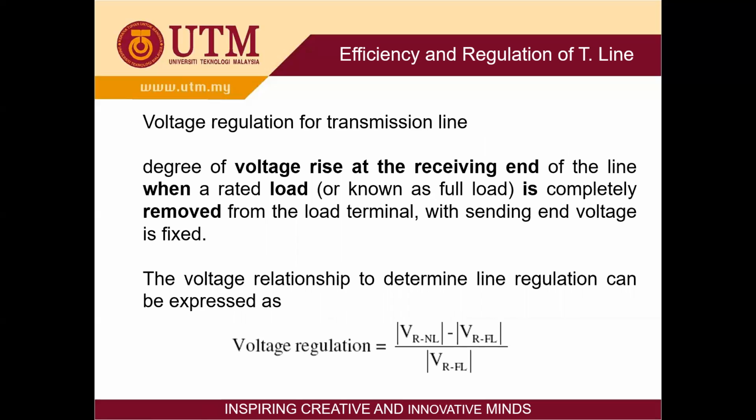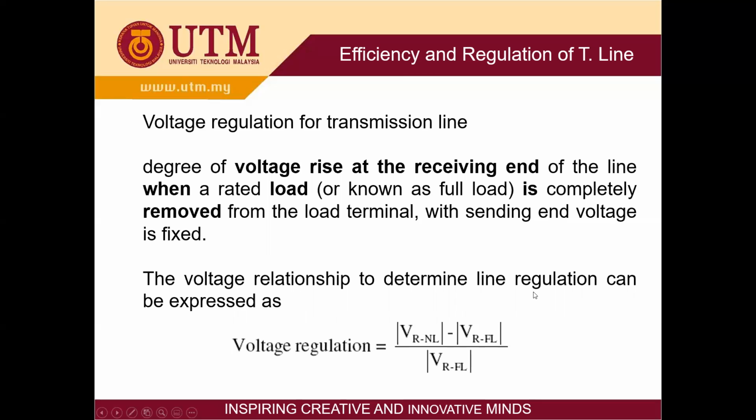The voltage regulation, similar to transformer regulation, refers to the degree of voltage rise at the receiving end of the line when a rated load, known as a full load, is completely removed from the load terminal, with the sending end voltage fixed. So we want to see whether the transmission line has good voltage regulation or not.